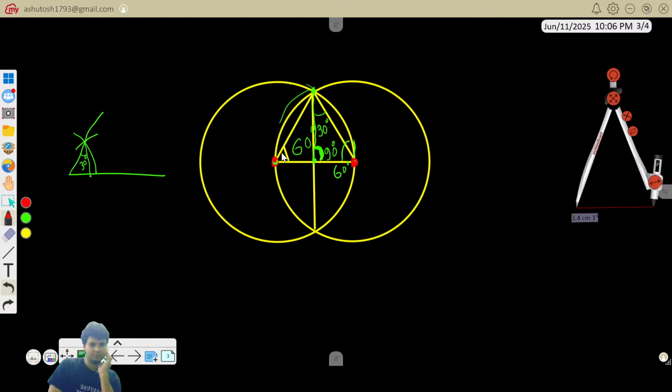What can we do here? See, we have already that in the figure itself. We can use that for getting 15 degrees. If I can make 75 degrees, I can easily make 15 degrees. So how can we make 75 degrees? See, in this figure, we have this as 30 degrees.